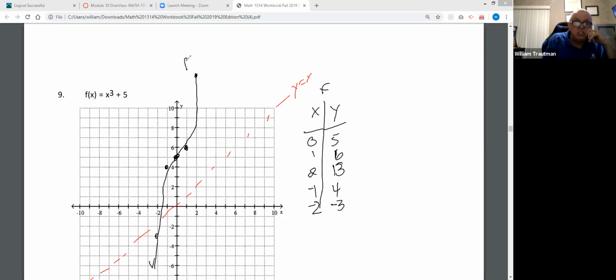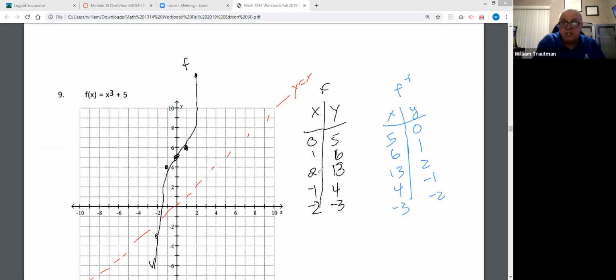So there's function f. Now we're going to do function f inverse. We're just going to switch the x's and y's. The x's were 0, 1, 2, -1, -2, so I'm going to make those the y's. The y's were 5, 6, 13, 4, and -3.